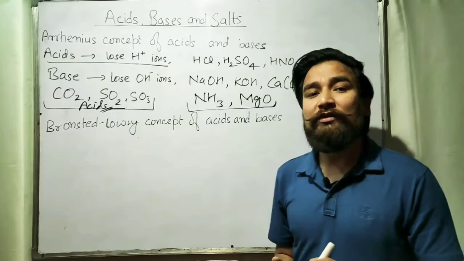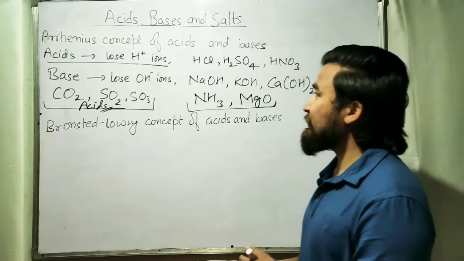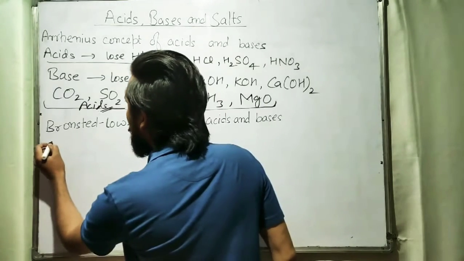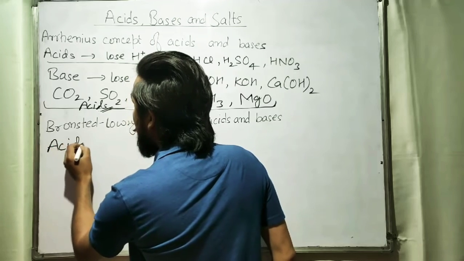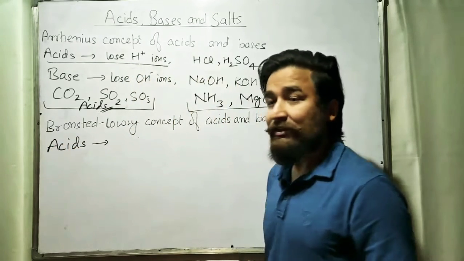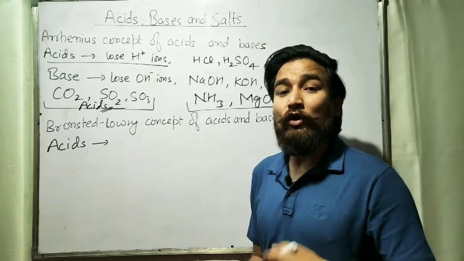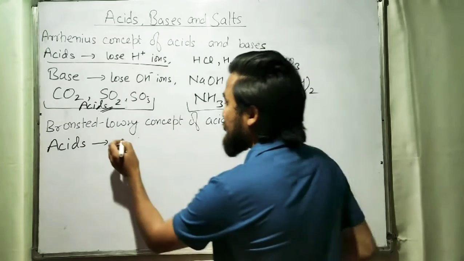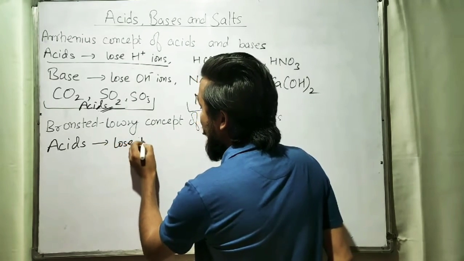Now what does the Bronsted-Lowry concept say about acids and bases? According to Bronsted-Lowry, acids are the substances which have the tendency to lose protons. Proton means H plus ion.